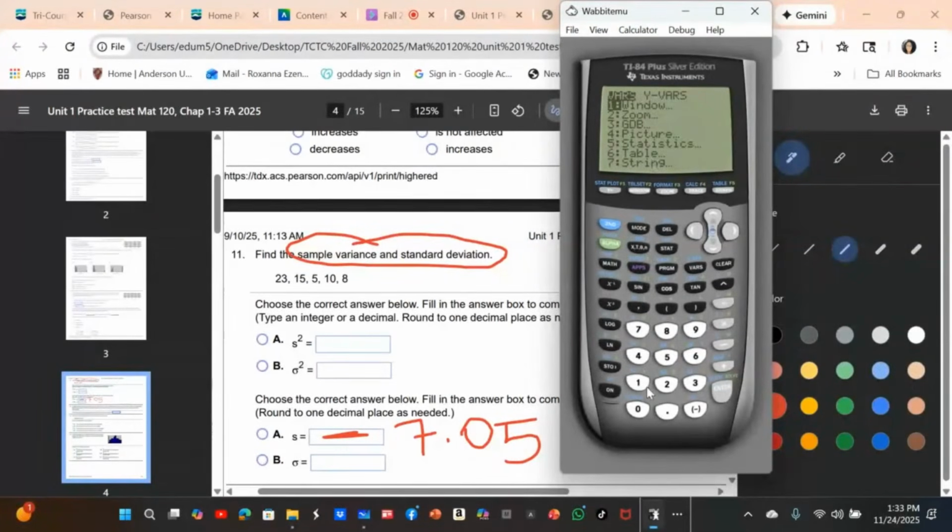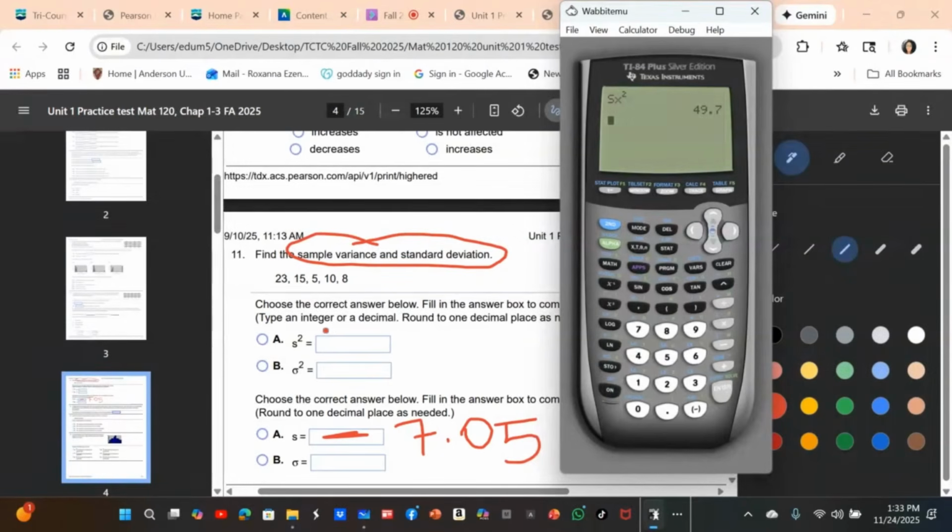Go to Vars Statistics number 5 and look for sample variance. Sample variance is number 3, and actually you square it, because if you want to find the variance, you square the standard deviation. So the variance is 49.7. The sample variance is 49.7.